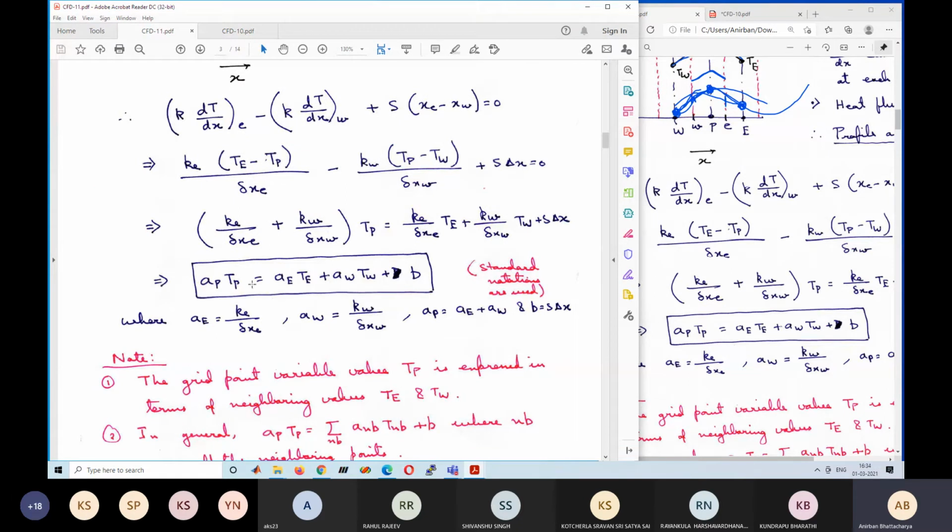And we know that if we have, say, 100 equations and 100 unknowns, we can solve these 100 equations to find the value of the 100 unknowns using TDMA or any other method like Gauss-Seidel method or Jacobi method, or directly matrix inversion, Gaussian elimination.